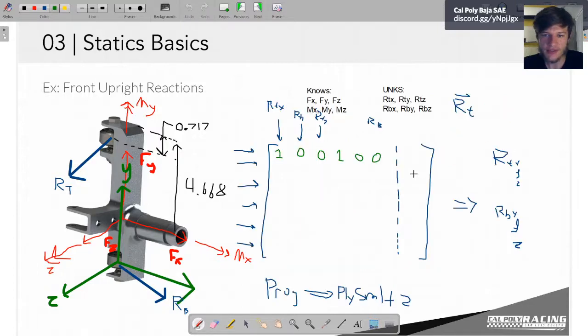So if we go back to our solution matrix here, this will be a minus fx. And remember, fx is a constant. It was minus 1,773 pounds. So that's just a number that we plug in there. And you can do that the same for each equation and for each of our unknowns.